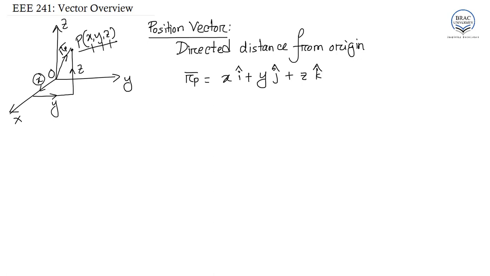So the position vector means the vector that is directed from the origin to the P point will be called the position vector of P. All right.